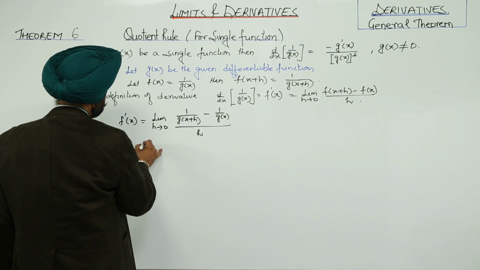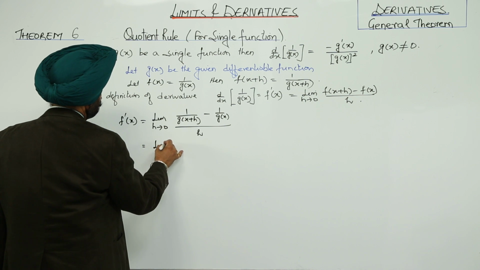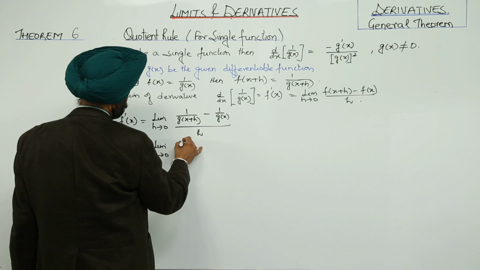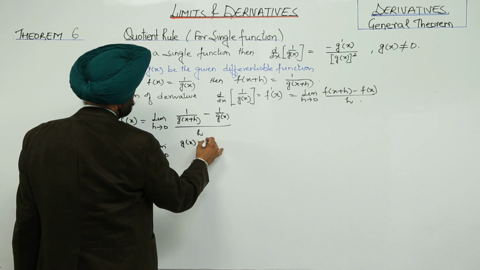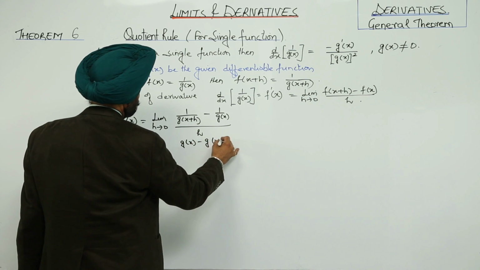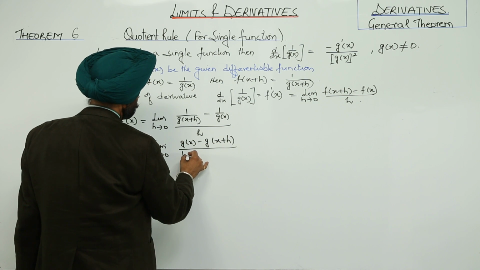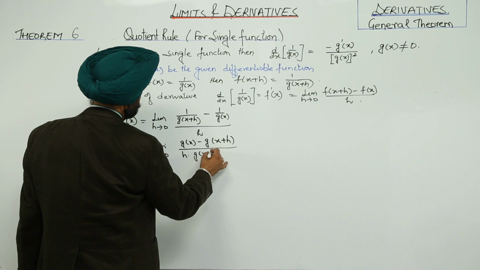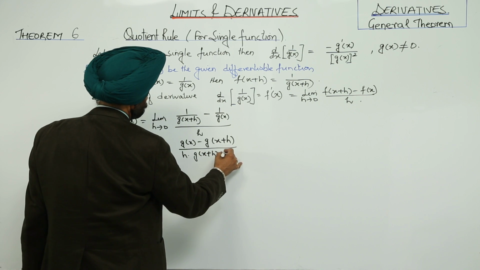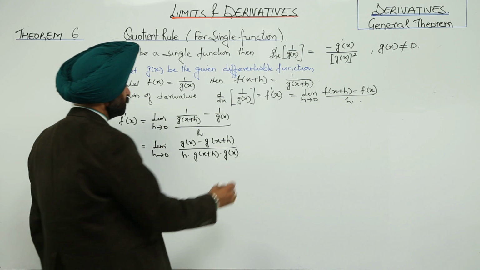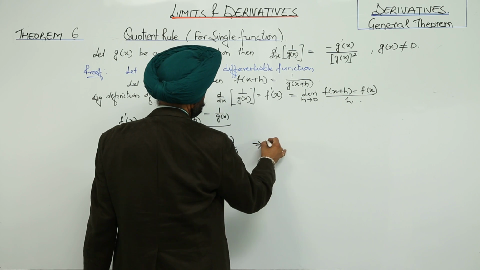Now taking the LCM, the limit as h approaches 0 of (g(x) - g(x+h))/(h times g(x+h) g(x)). To this, what can we write now?